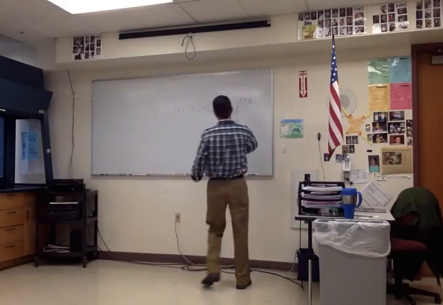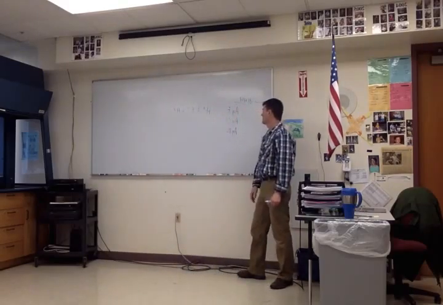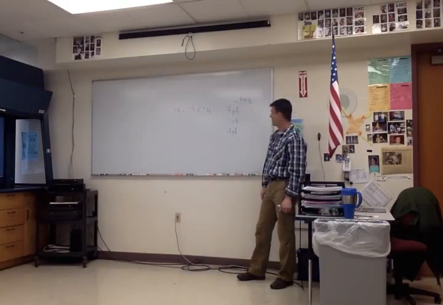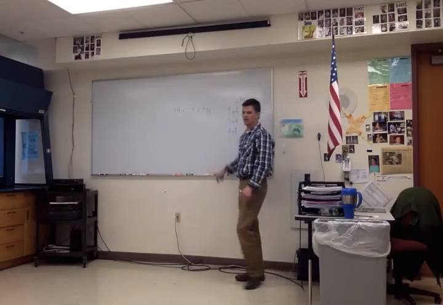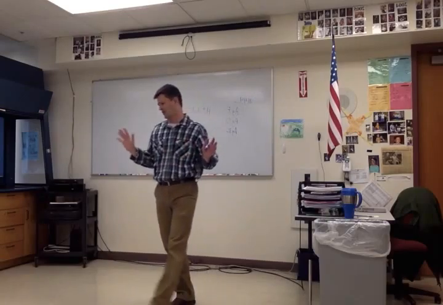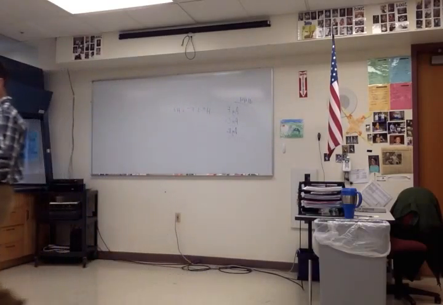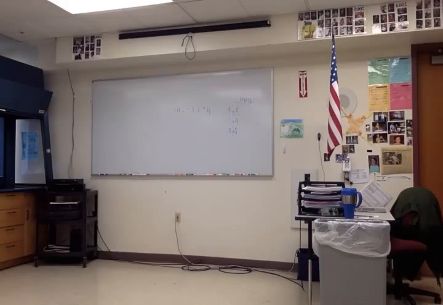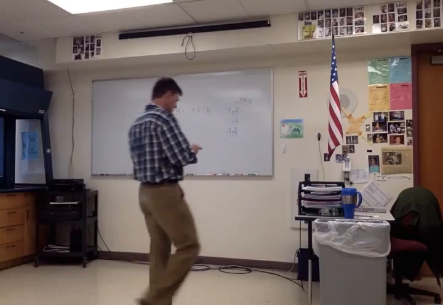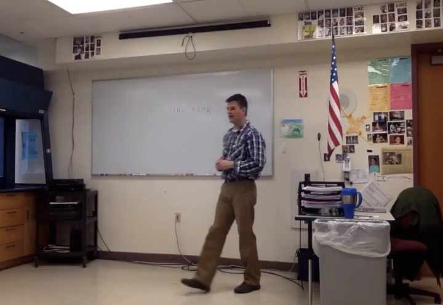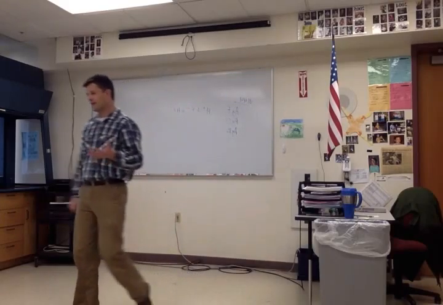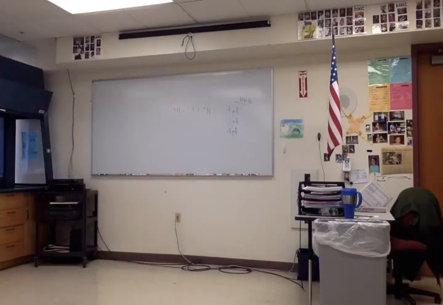But we know that Cl minus and Br minus, since they come from strong acids, have no desire to be with a hydrogen. So even if there were hydrogens present, it wouldn't have any effect on it whatsoever. In this case, with these salts, the ones that would have an effect must have an anion that is coming from a weak acid.